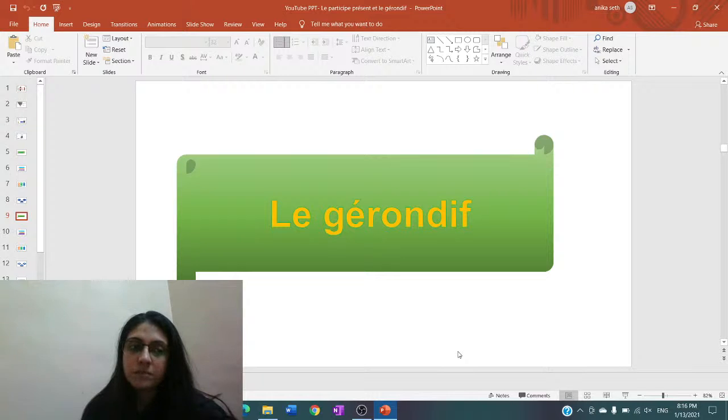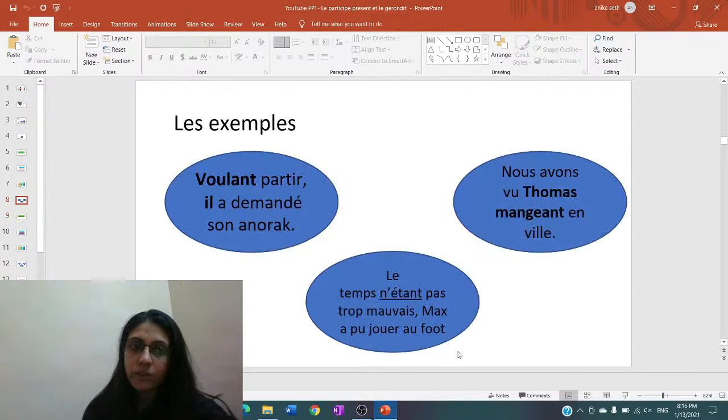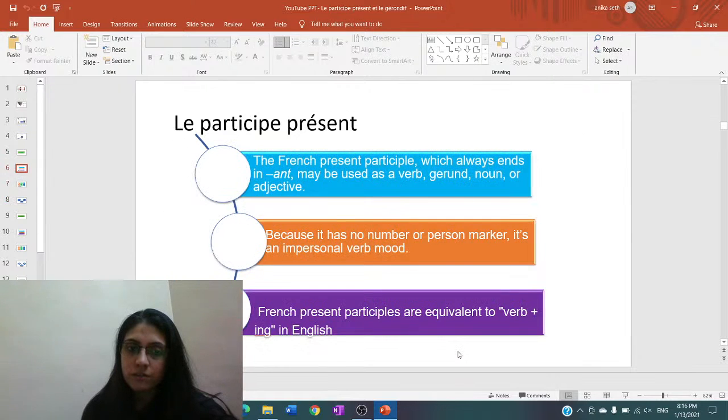Okay, next is le gérondif. So till now we have discussed the present participle. Now we come to the gérondif. Before that, just for those who have joined late, what we have discussed so far is that the present participle of the verb is the form which ends in ant. Like in English, the form of the verb which ends with ing is the present participle.